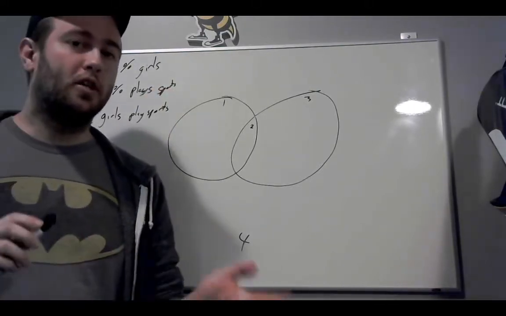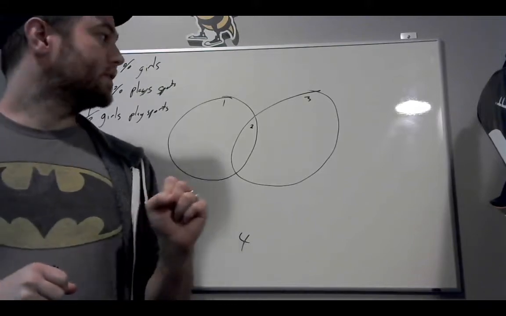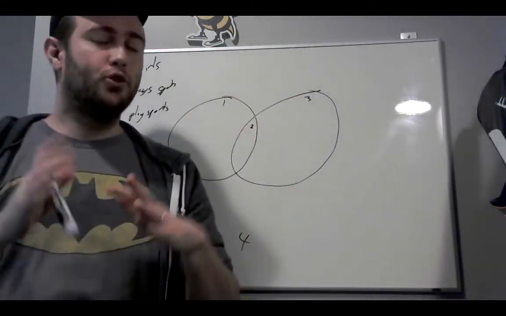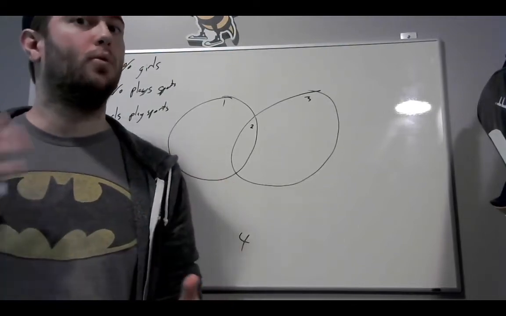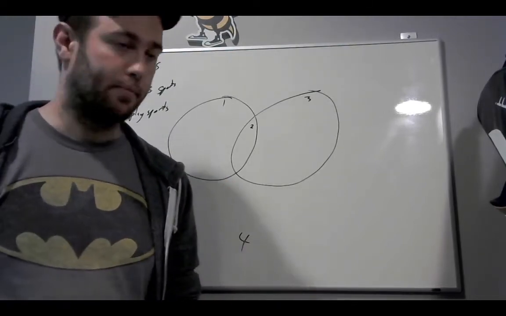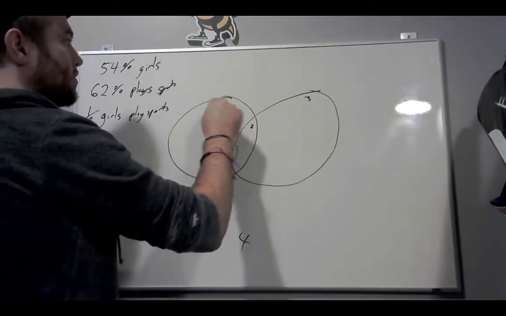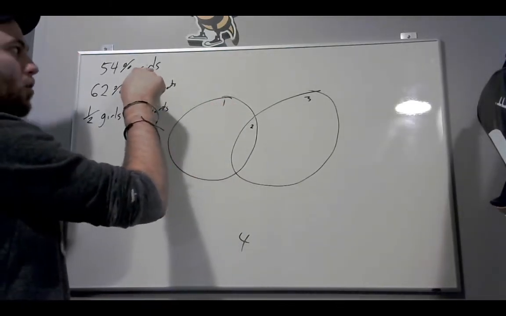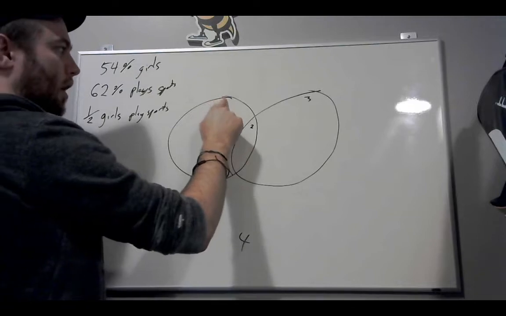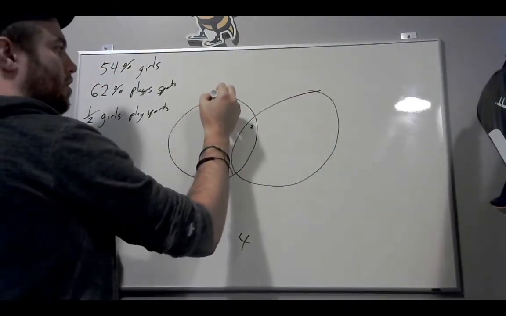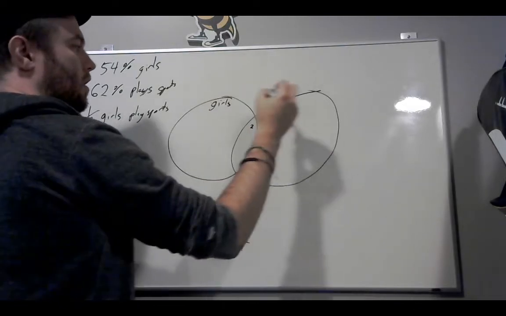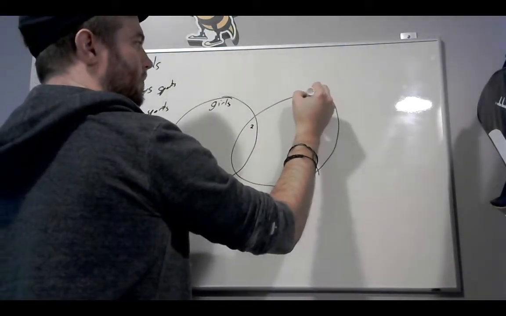So when you're working with Venn diagrams, you always need to label your two circles. It's going to help you understand what all these overlaps actually mean. Since we only know girls and play sports, I'm going to label my circles as girls and play sports.